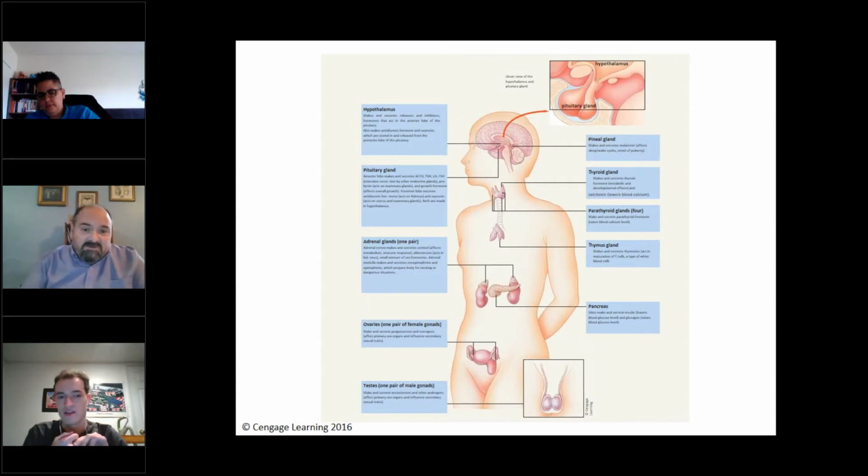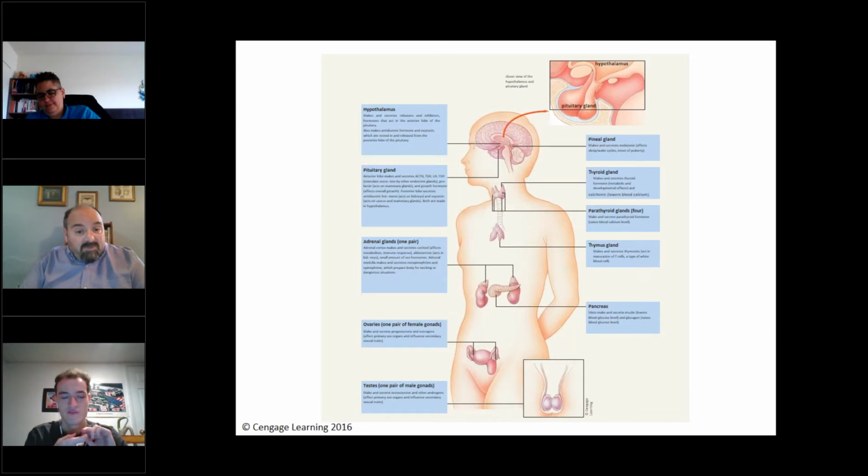Here's a good image that we posted regarding the different glands, including the hypothalamus, the pineal gland, and the pituitary gland, all centrally located within the central nervous system. And what we're going to see here is that the pituitary gland we would consider the master controller gland. This is the gland that is going to send hormones that will affect the majority of the body parts and affect other glands as well, so that they can release their particular hormones.